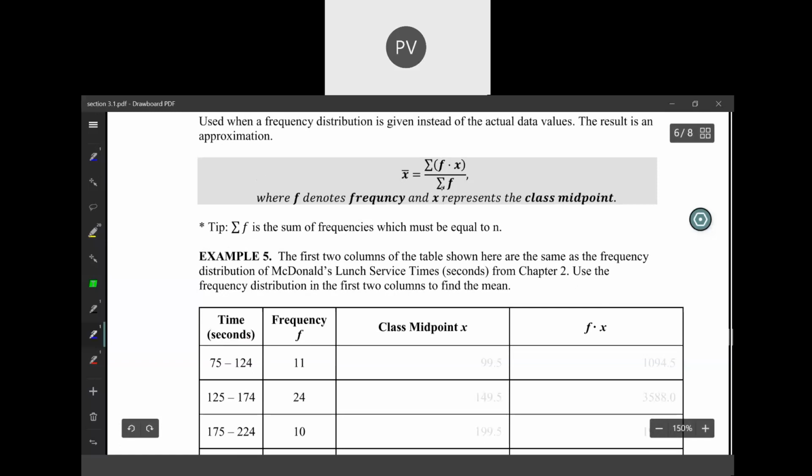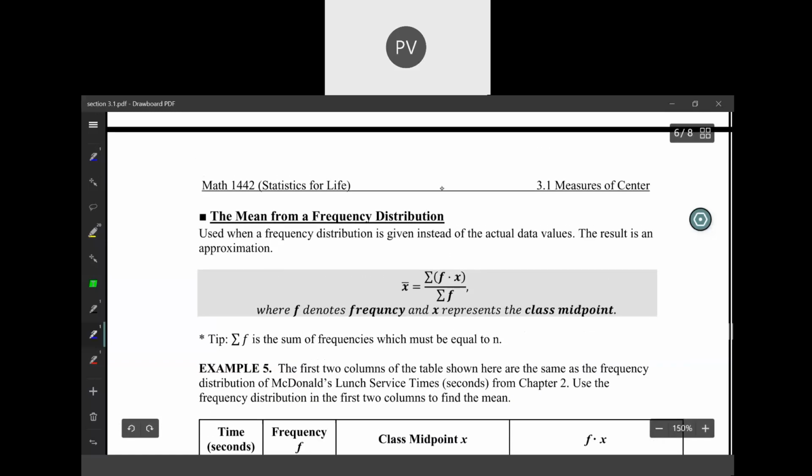Before that, let's look at the formula for mean, right? X bar is nothing but mean. So the formula is the same thing, summation x by n, written in the other way.